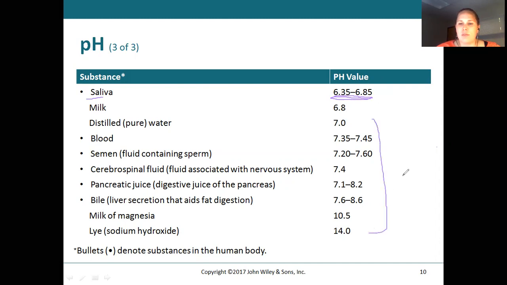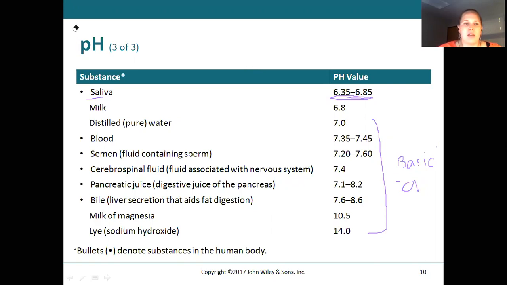These would all be considered more basic, meaning that they have a high pH and lots of OH- available.